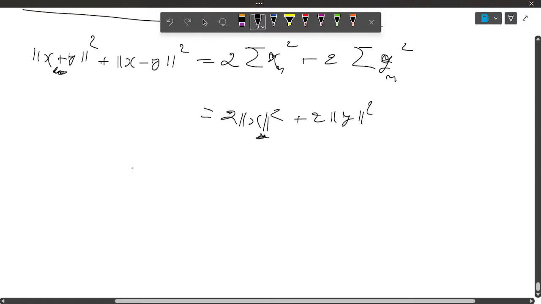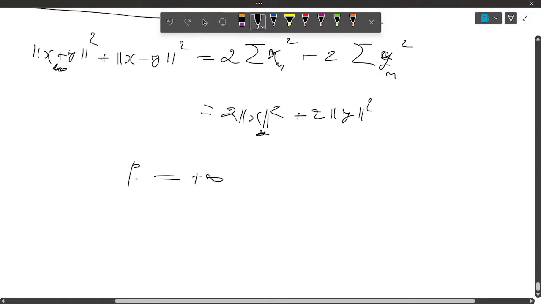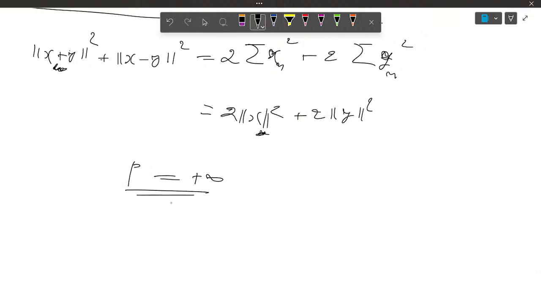The same thing can be checked when p equals plus infinity. You don't even need to check much, it's not going to work, because you only need to take the same choice.